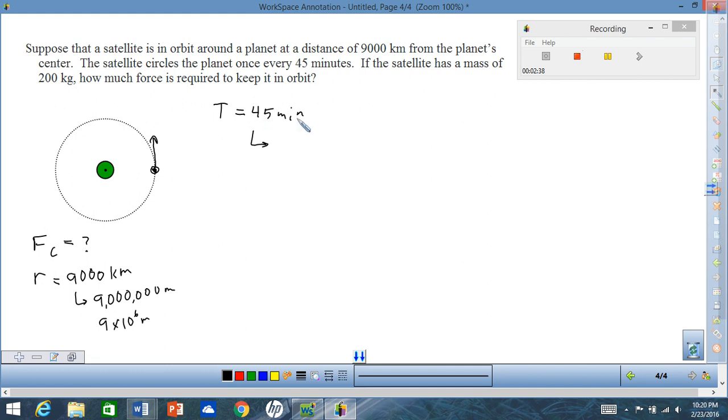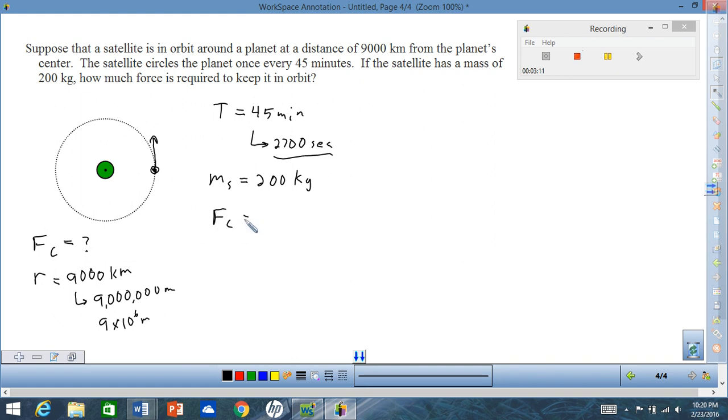And 60 seconds in each minute, so 45 minutes times 60 will come up to be 2,700 seconds. So there's our period properly expressed in seconds. Let's see, and we know the mass of the satellite. So the mass of the satellite is 200 kilograms.